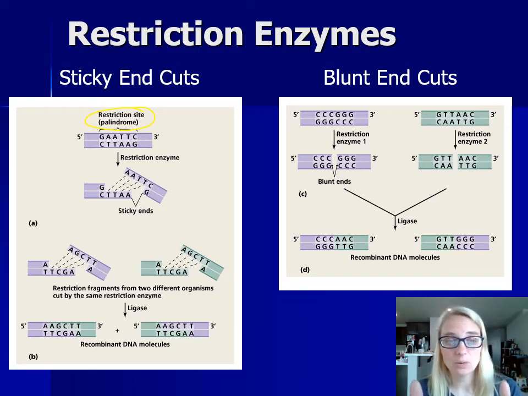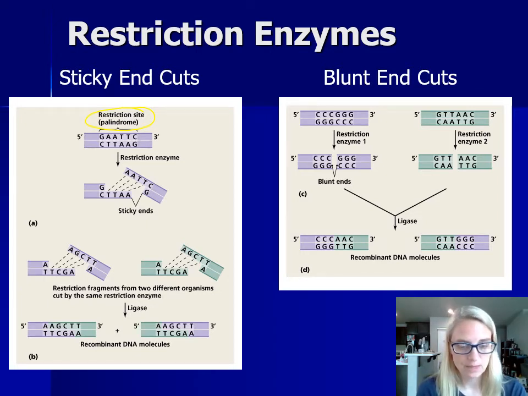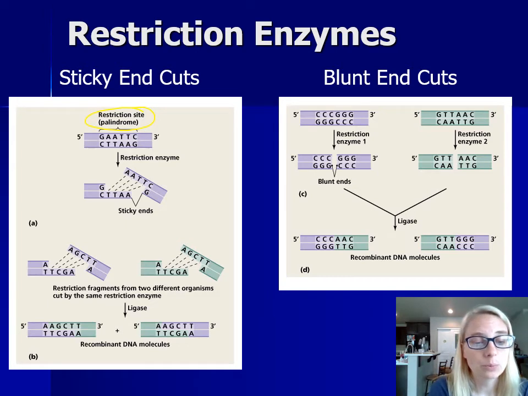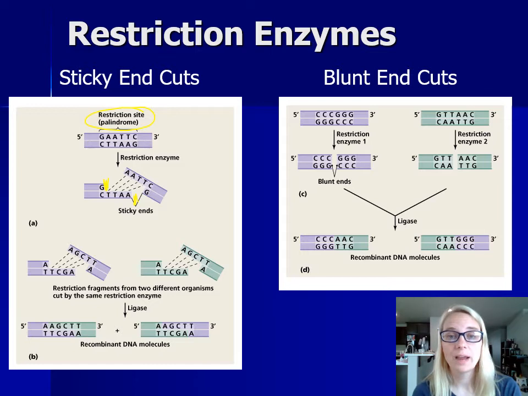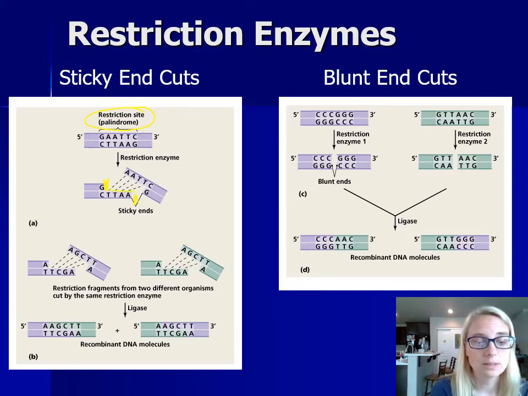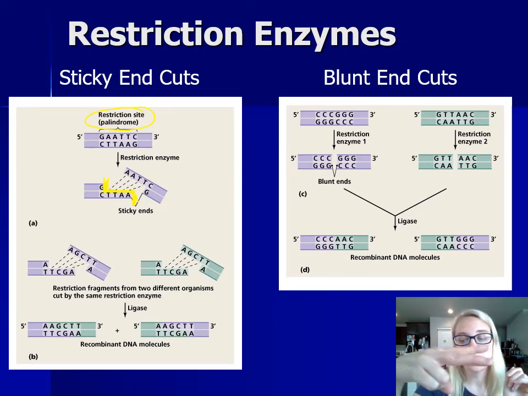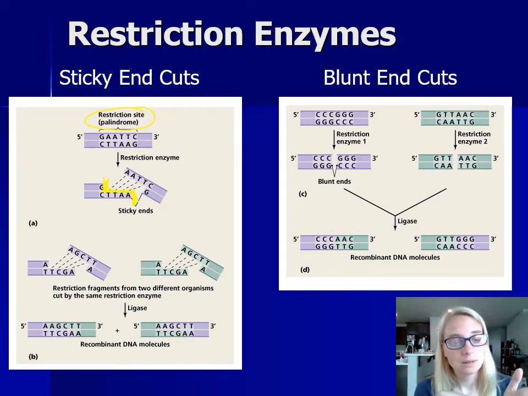An enzyme will just cruise along the DNA, and wherever it finds that particular sequence, it will break the bond between the G and the A on both sides, and it will break all of the hydrogen bonds between the bases, like this. Right where that yellow line is, that's where the enzyme goes in and breaks those bonds. So it breaks the phosphodiester bond between the G and the A, and then it breaks the hydrogen bonds between the A's and the T's. Just the A's and the T's on that particular one.